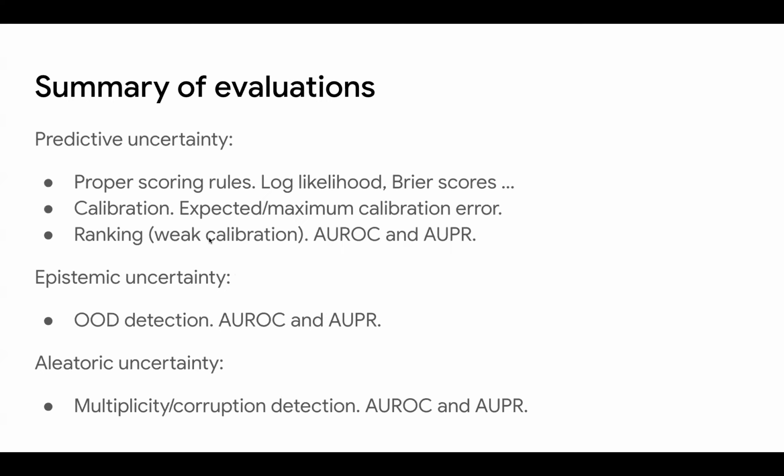Then there are weaker calibration metrics like ranking, area under the curve, using different thresholds for the retrieval of correctly predicted samples. Now, if you only care about epistemic uncertainty, then it probably makes sense to just look at OOD detection performance. Or if you only care about aleatoric uncertainty, then you might want to look at multiplicity or corruption detection.